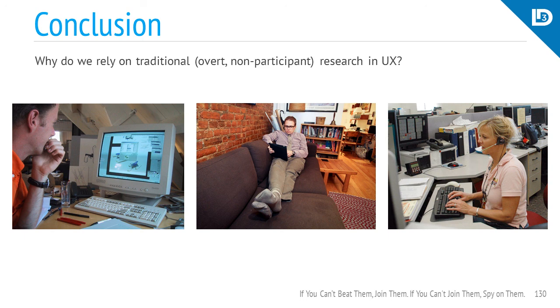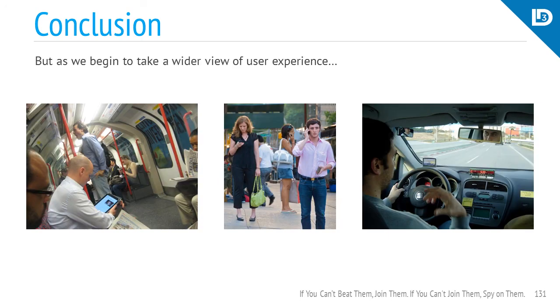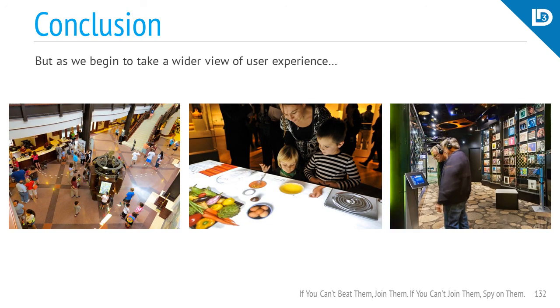But the definition of user experience has expanded beyond just the user interface to people using devices in multiple places, using these anywhere with tablets and phones and even interfaces within cars and other appliances. As we begin to look at user experience as an actual experience design in, say, a museum, the layout of exhibits and the layout of things in a museum and interactive exhibits.